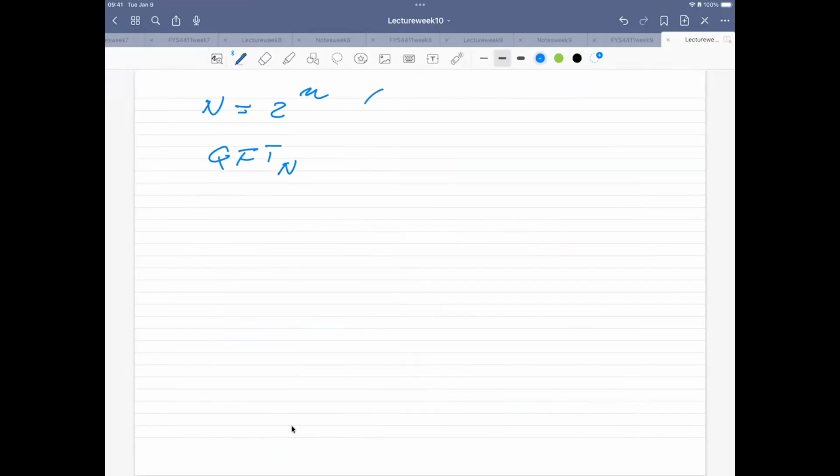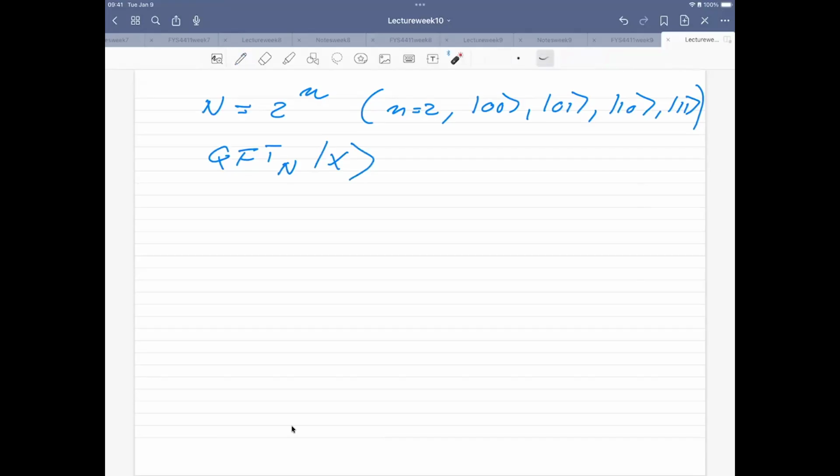Remember that when we have n equal to 2, then we have 4 basis states, and the computational basis is going to be given by these states here: 00, 01, 10, and 11. So this is the example which we are going to build now. And that means that when you look at this state x, you could think of x as being one of these basis states. Then we transform one of these basis states, and we get a superposition of states.